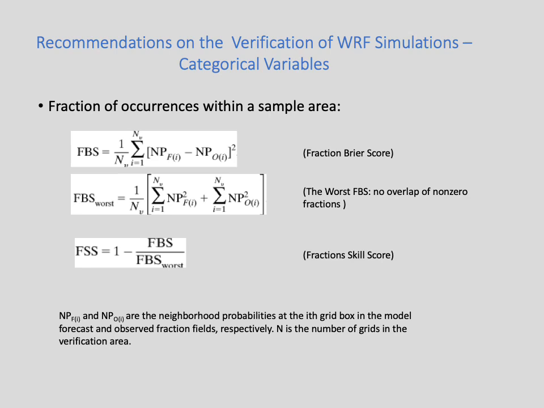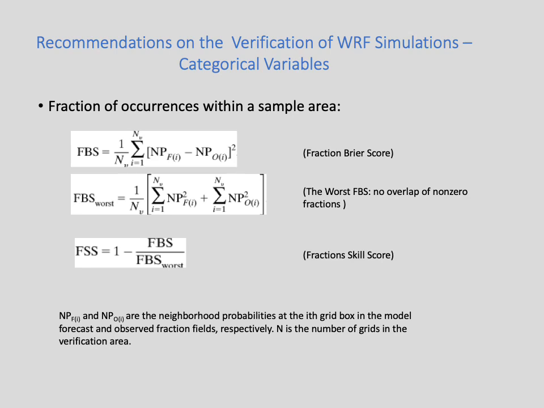Based on this concept, a more detailed verification method has been proposed in recent years. The fractions Brier score is calculated based on neighborhood grid fractions in the forecast and observations. Note that the objective verification only takes place over the specified area surrounding the grid of verification. NV is the number of grids that is used.